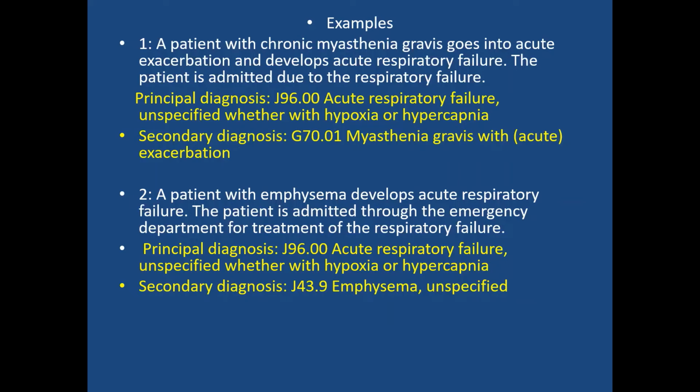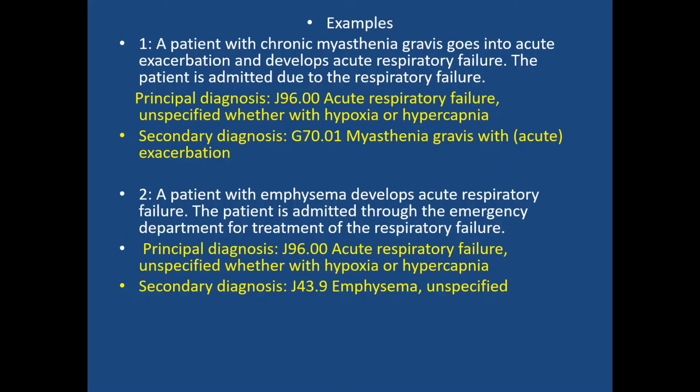Principal diagnosis: J96.00, acute respiratory failure, unspecified whether with hypoxia or hypercapnia. Secondary diagnosis: G70.01, myasthenia gravis with acute exacerbation.